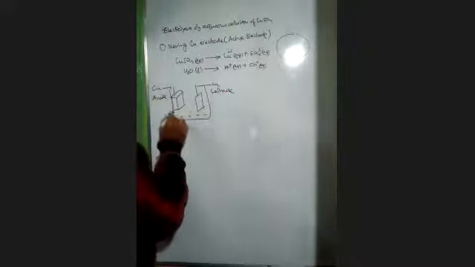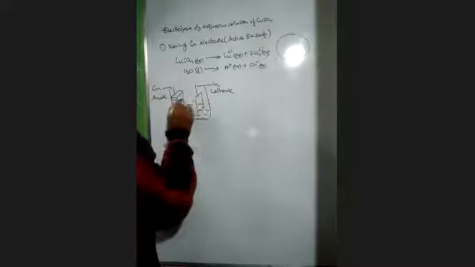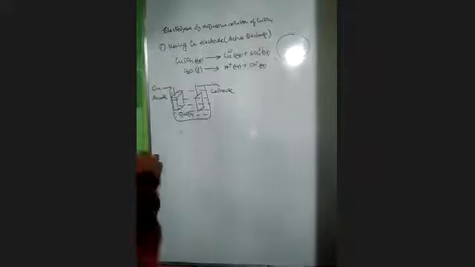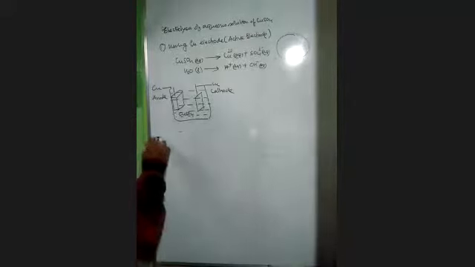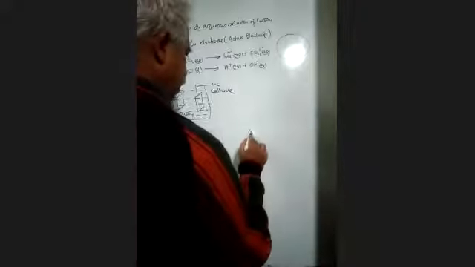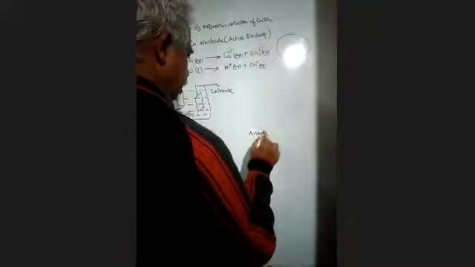What do we have here now? Copper sulfate, CuSO4. And this equation is there. All right. So now what is going to happen here? Cathode, and here is anode.